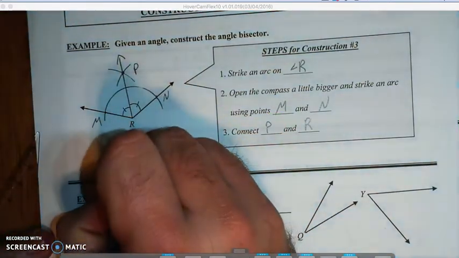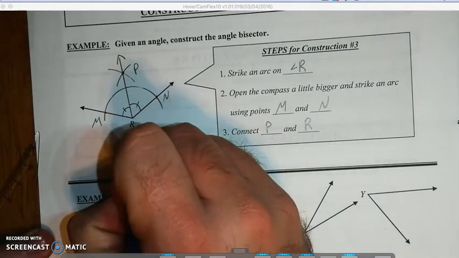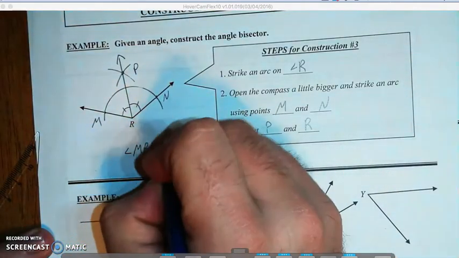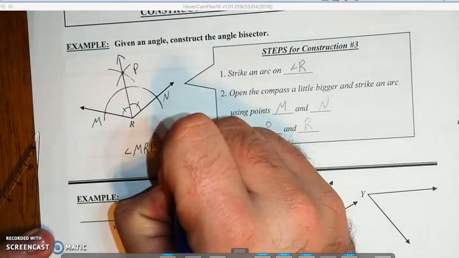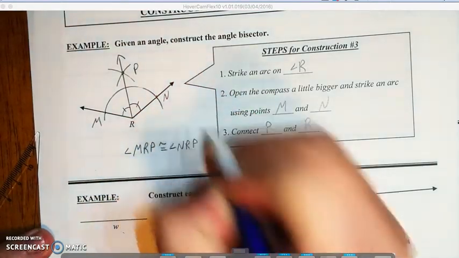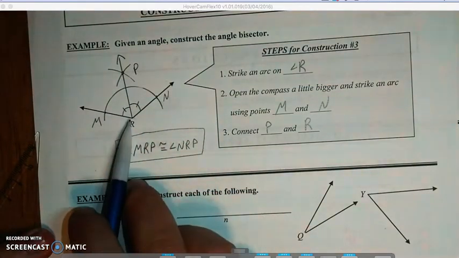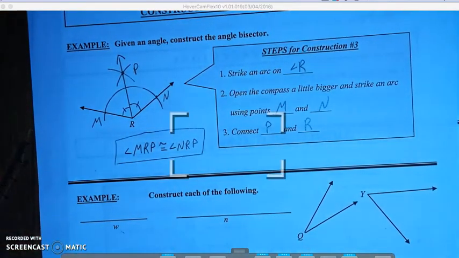So we can say angle MRP is congruent to angle NRP, because ray RP is a bisector. So that's how we bisect angles.